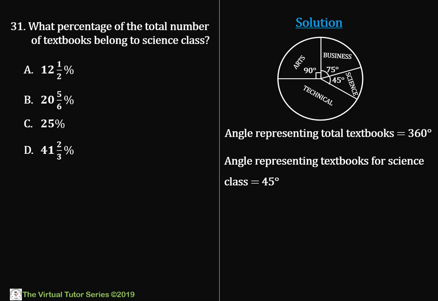The percentage of the total number of textbooks belonging to science class can be computed by dividing the angle representing textbooks for science class by the angle representing the total textbooks and multiplying the result by 100.